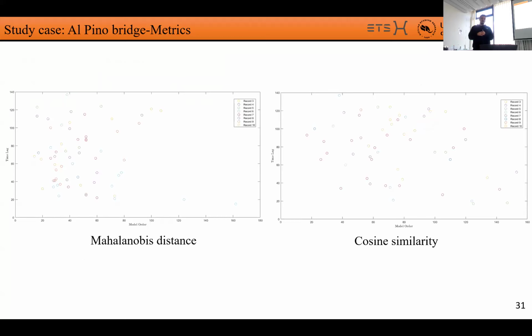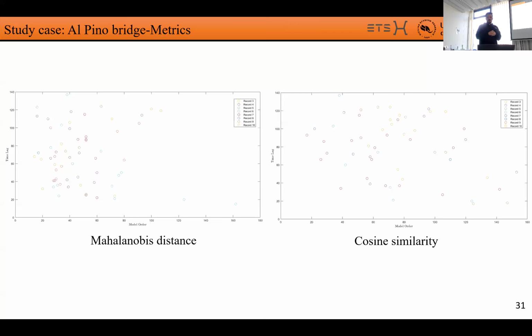Those are the results that I obtained. Every point is a pair of time lag and model order that is considered acceptable in this way. But as I told you before, you can see here that the values in general are very spread.